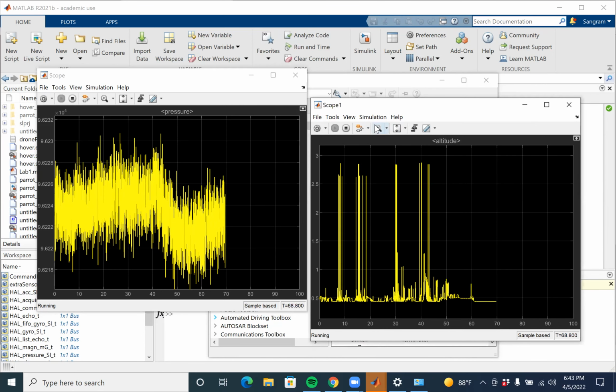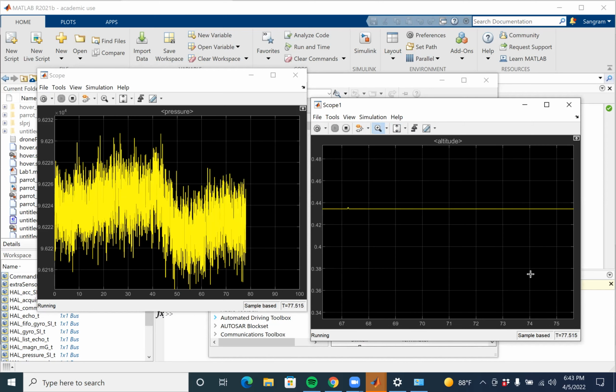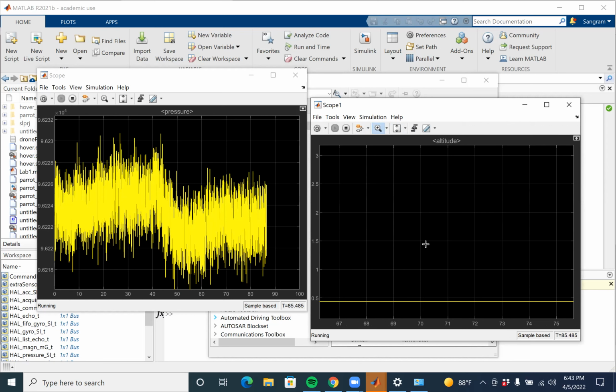You can actually zoom in. Move it over here. Zoom out.